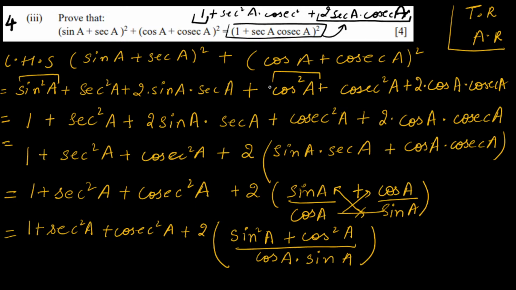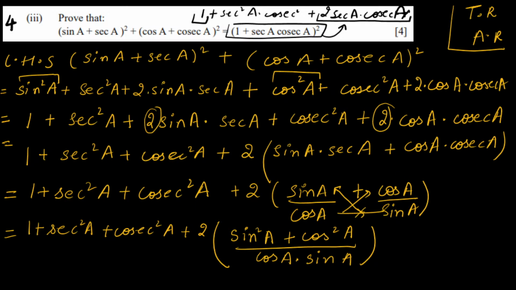So first of all we applied the whole square identity on both sides, A plus B whole square. Both the terms were in this form only. Then for sine and cos we used the square relation. Then we took out the common factor, which you have to always remember, because this is one of the ways I have told you. Then inside this bracket we changed everything to sine and cos.